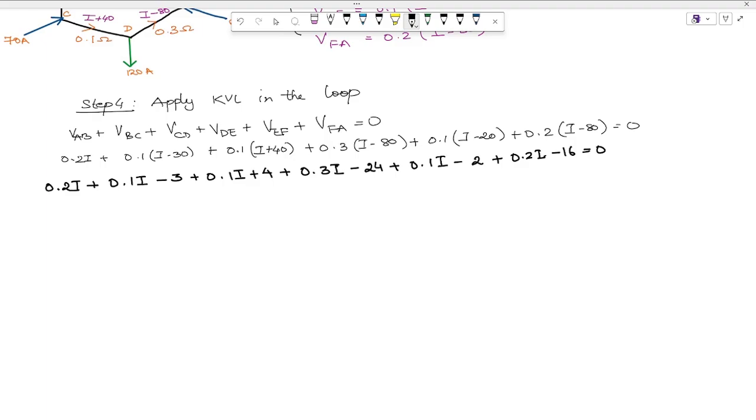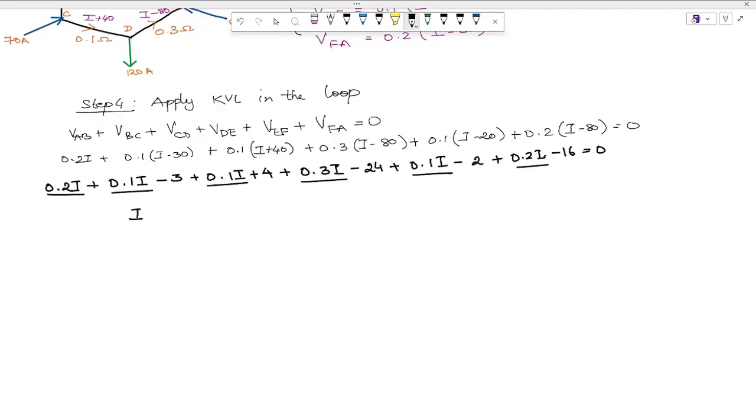Now add all the terms which have I in it. So 0.2 I plus 0.1 plus 0.1 plus 0.3 plus 0.1 plus 0.2, which is equal to 1. So I can write it as I.